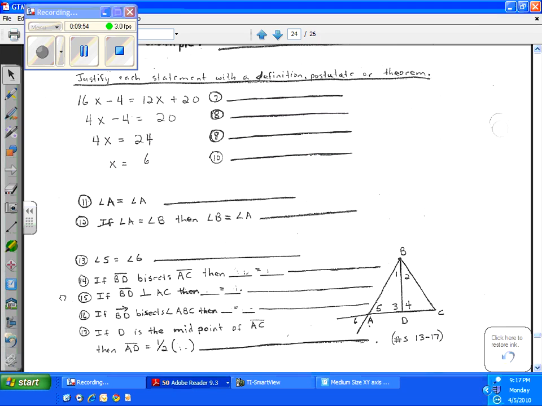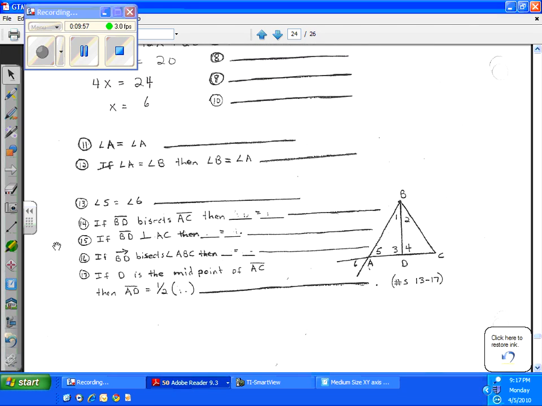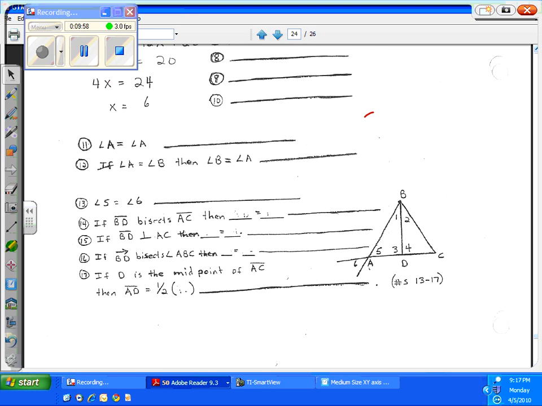Okay. People get these mixed up. One of them is reflexive. One of them is symmetric.